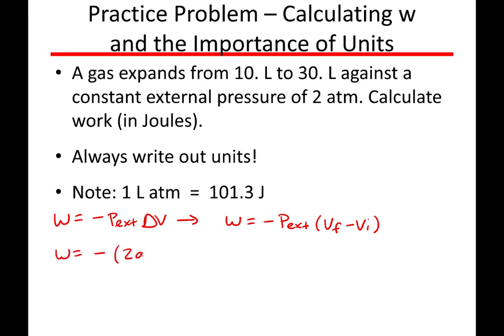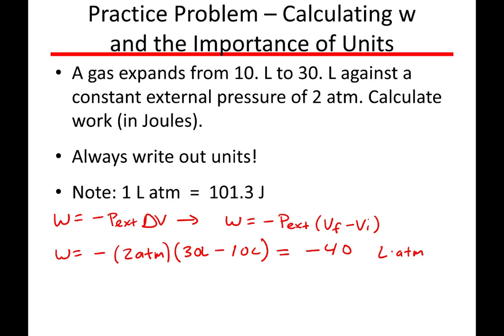We're told P external is 2 atm and V final is 30 liters minus V initial, which is 10 liters. When you multiply that out, the units that you're going to have are liters times atmospheres, and the numerical value is negative 2 times 30 minus 10, which is 20, so negative 2 times 20 is negative 40 liters atmospheres.